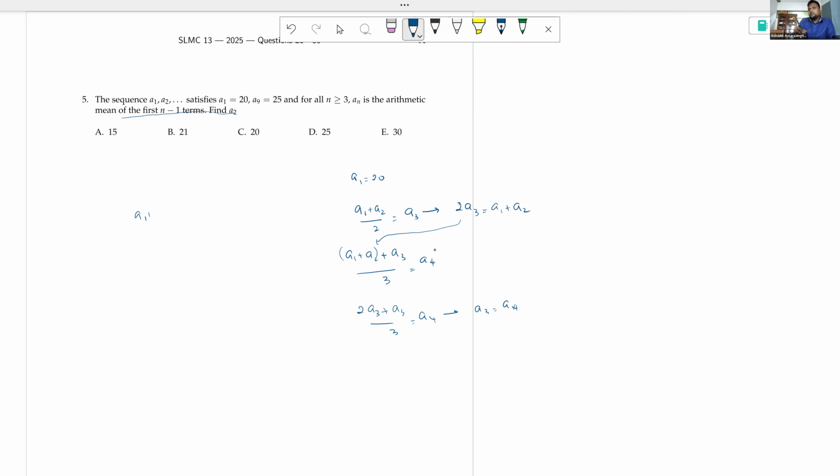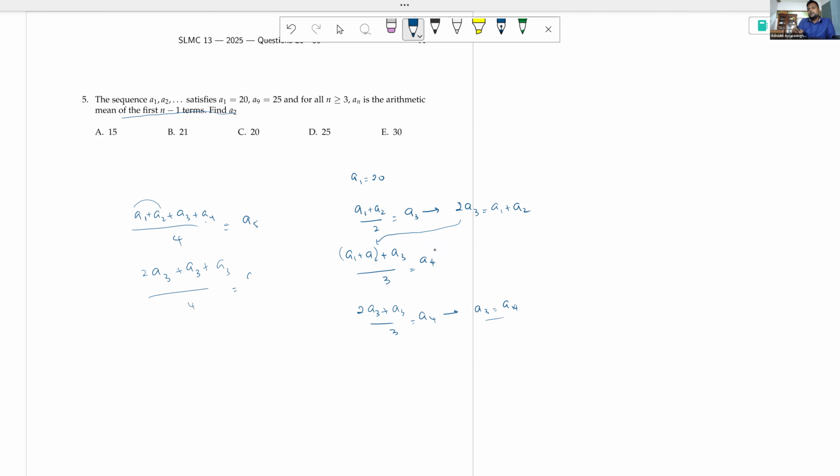(a1 plus a2 plus a3 plus a4) over 4 equals a5. But we know that a1 plus a2 equals 2a3, and then you have a3 here, and then you have a4, which is also equal to a3.